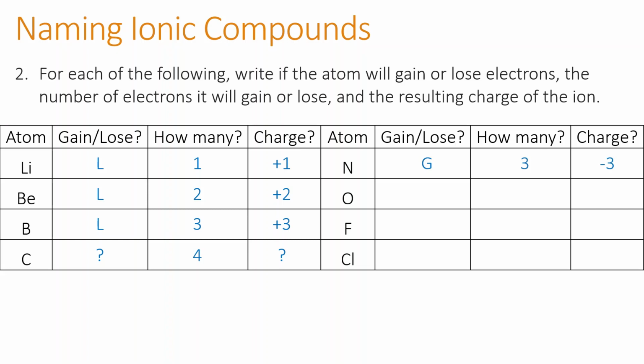That would give nitrogen a -3 charge. Oxygen is going to gain 2 to get to an octet. It has 6 valence electrons, so its charge will be -2. And for fluorine and chlorine, they both have 7 valence electrons, so they're going to gain 1 more, forming a -1 charge in order to get to an octet.